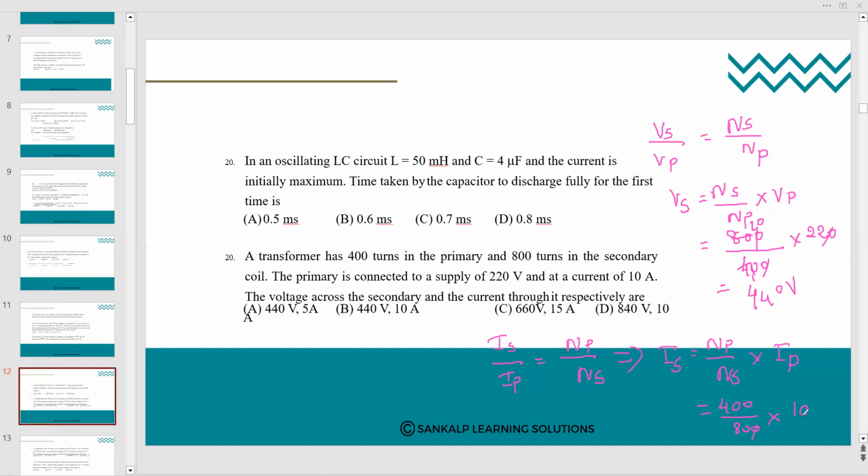Here this 0 will get cancelled, and one more 0 will go. 10 divided by 2, 2 fives are 10. So that is nothing but 5 ampere. That is 440 volt and 5 ampere, so option A is the correct answer here. Okay, very simple. Copy down, and we will go for the next question.